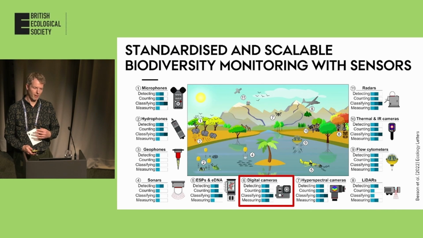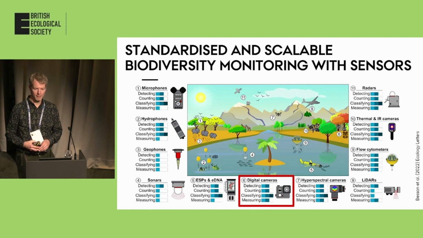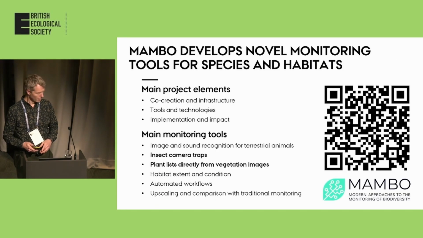So I'll talk to you about two projects today. One of them is more on the tool development side, and the other is more on the implementation at large spatial scales. The first quick presentation is of the MAMBO project, which I coordinate and which develops tools for species and habitat monitoring.